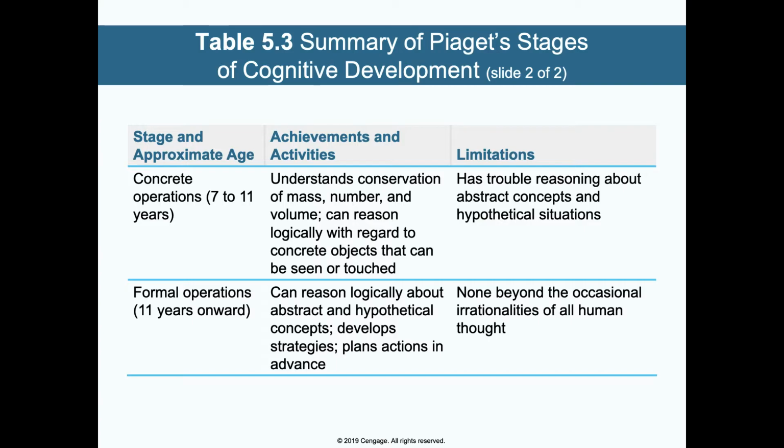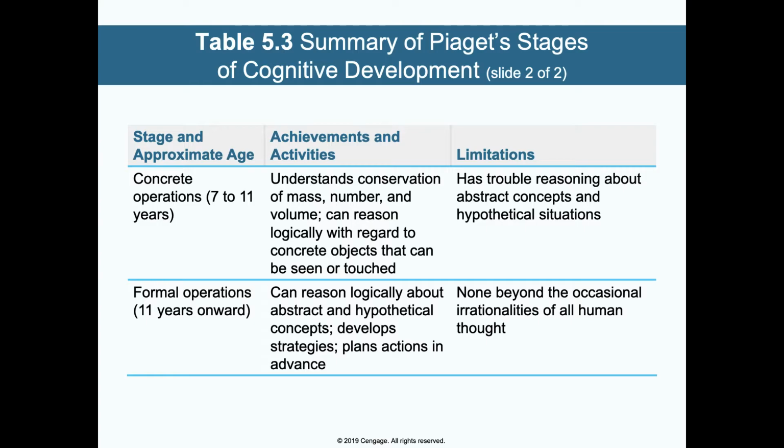So they have to be able to see and touch something to be able to say, okay, this is this and this is this, and this rock weighs the same as this rock. They can do that in concrete operations, but they cannot reason about abstract concepts and hypotheticals, like what would you do if. Very difficult for 7 to 11-year-olds in concrete operations.